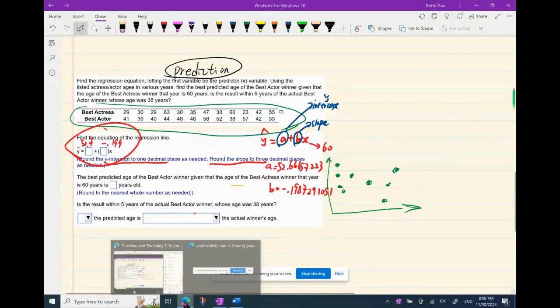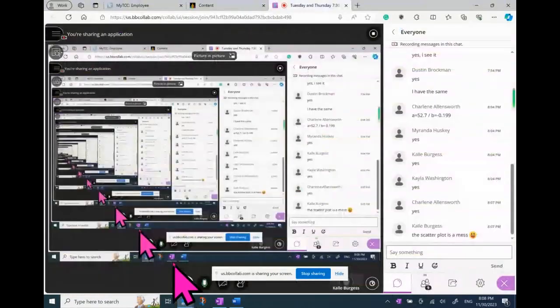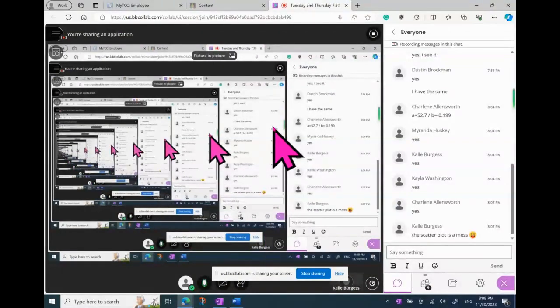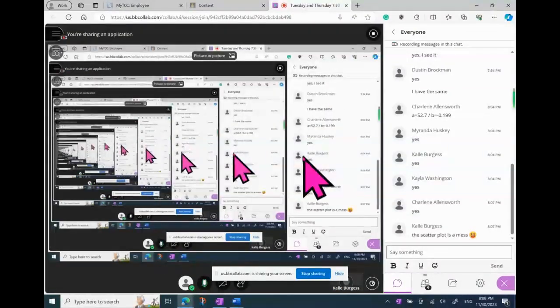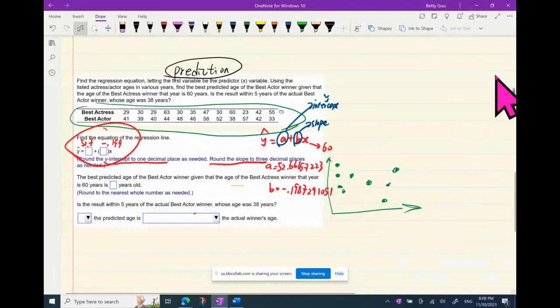So in this case, when the regression line is not a good model, the scatter plot is a mess. Exactly. A mess means there's no obvious or clear linear pattern, or any other pattern. So in this case, it shows the regression line is not a good model.